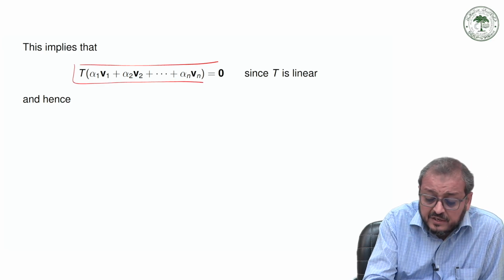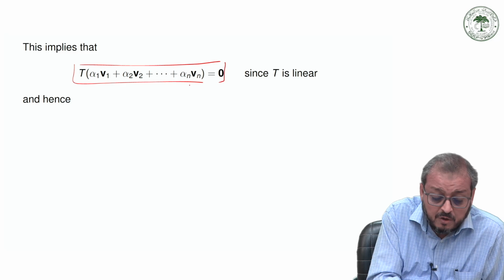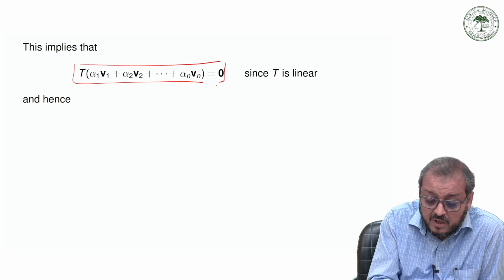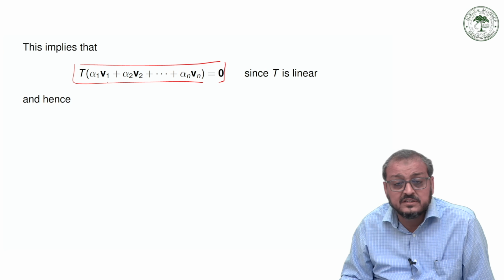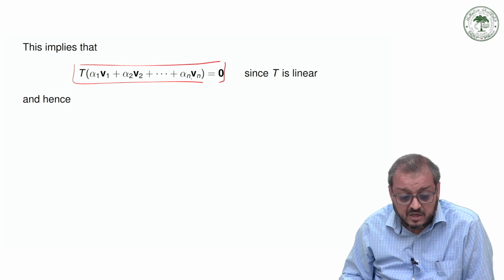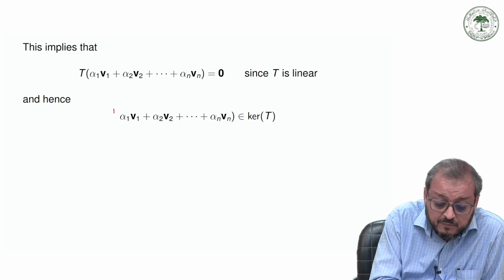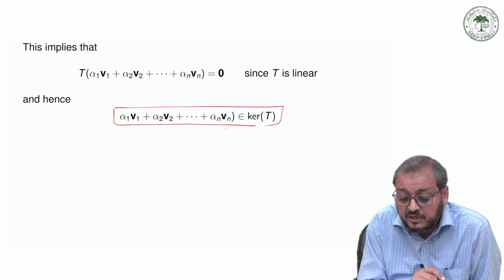Using the linearity of T, we can say that T of this combination is equal to 0, and hence alpha 1 V1 plus alpha 2 V2 plus so on up to alpha n Vn belongs to the kernel of T.